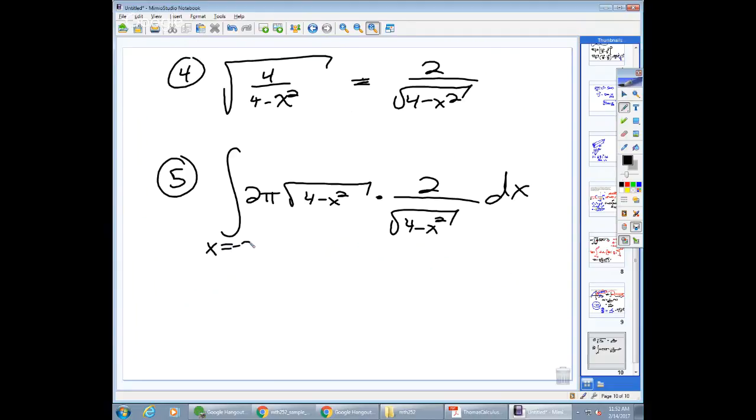We could use symmetry and double stuff, and yes, let's use symmetry, because then we get to plug in 0, and I love that. So this is going to be twice the integral as x goes from 0 to 2. Whenever you can get away with a 0. That cancels, so we just have a 4 pi inside, dx.